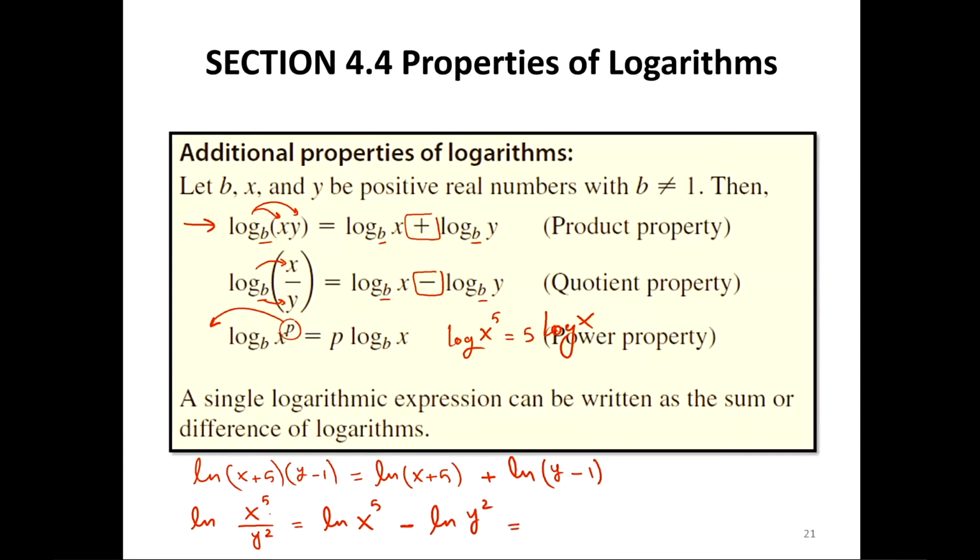We can also simplify further: put the exponent 5 outside the ln by multiplying, and 2 outside the ln multiplying. So we have the result 5 ln x minus 2 ln y. This is more simplified. To simplify further, the variable x or y would be put inside the ln with power 1.